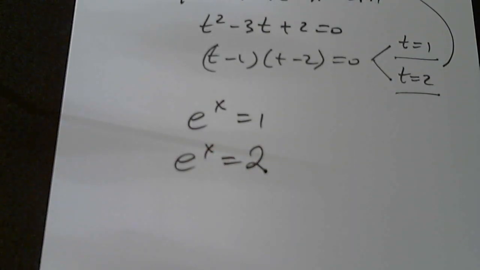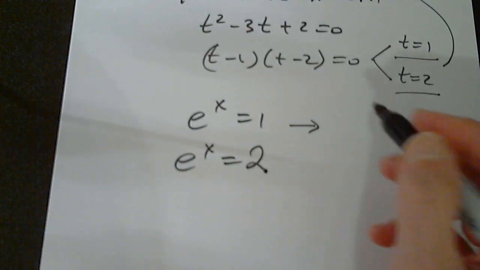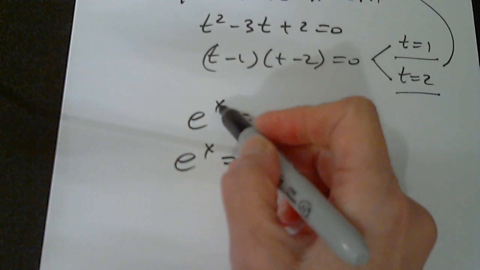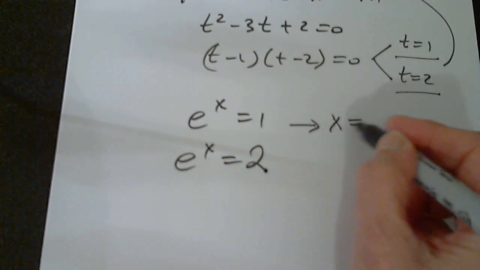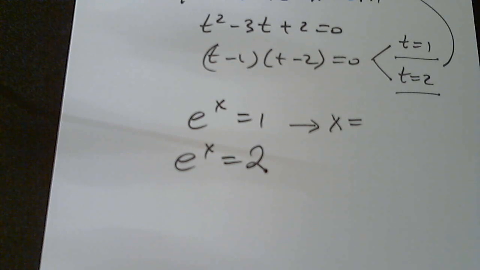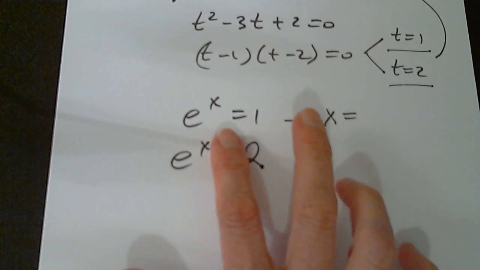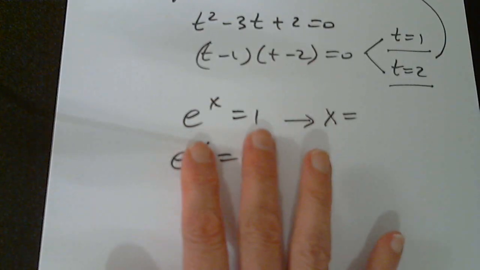I know how to solve these because I apply natural log to both sides, but here there is no need. E to the x equals 1 means which power do I raise e to get 1? There is no need for applying natural log. You could, but there is no need.